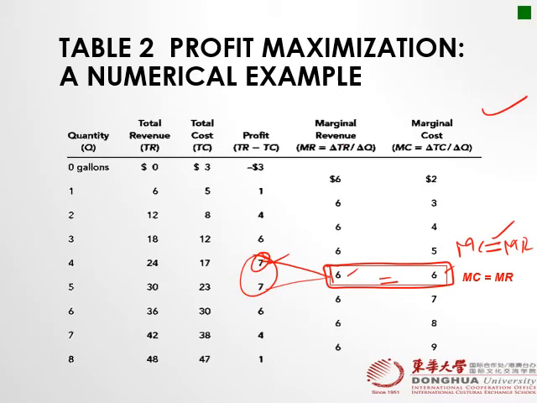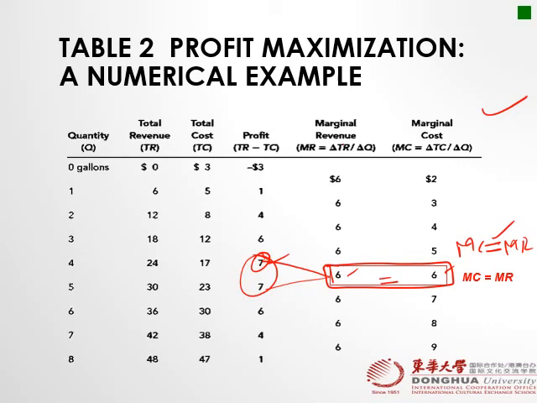Similarly, this 8 came from 38 minus 30 divided by 7 minus 6, right? So let me just remove it, where we just found out here.